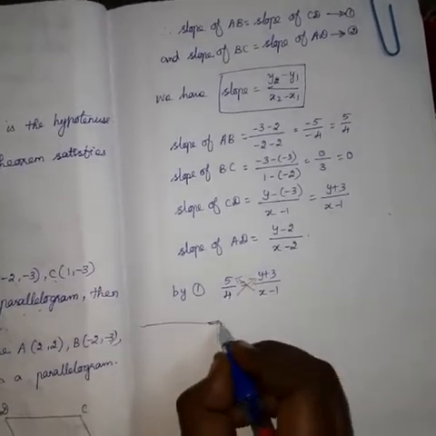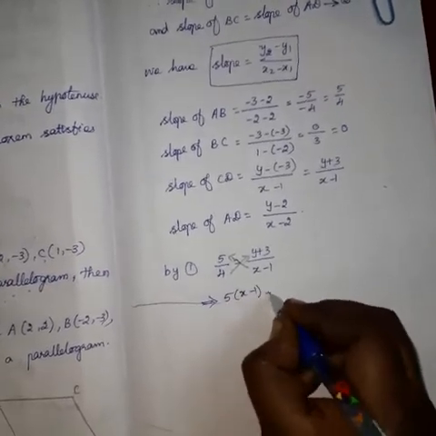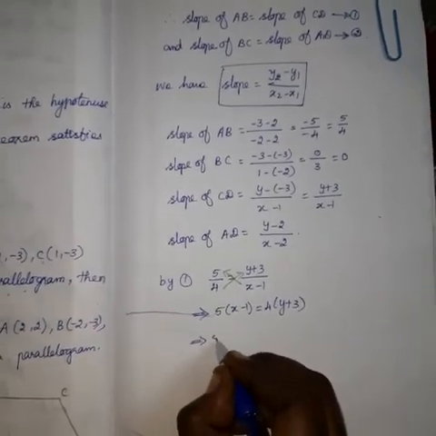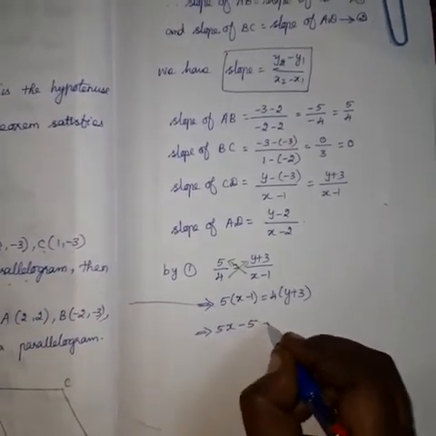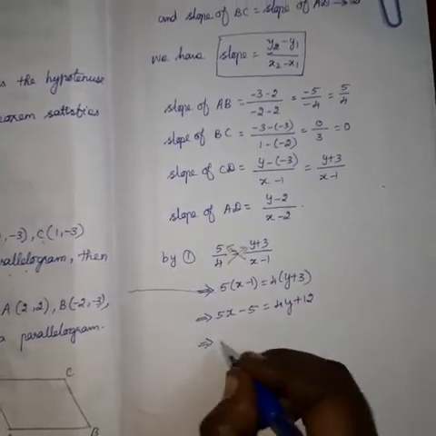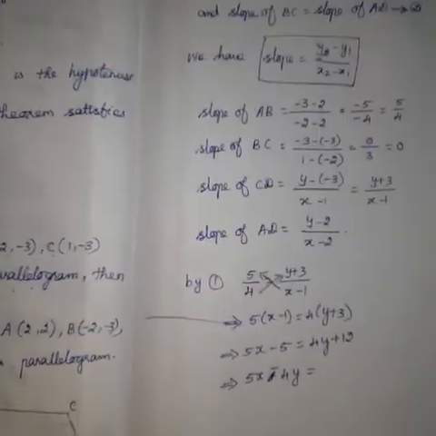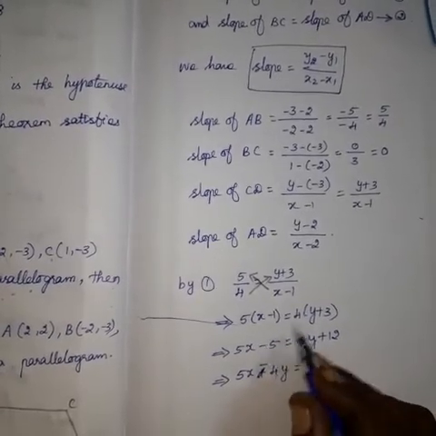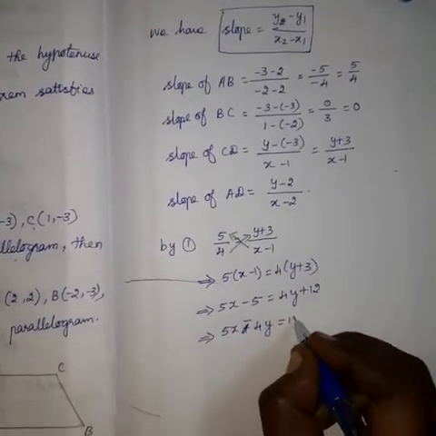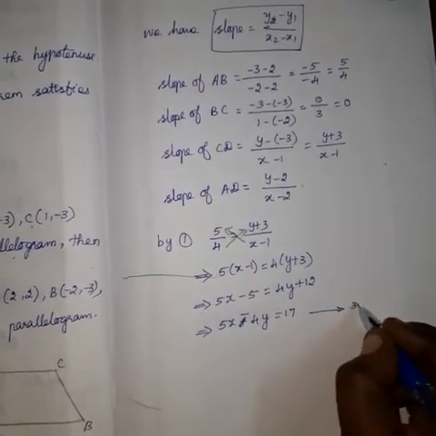So you get 5 into x minus 1 is equal to 4 into y plus 3, which implies 5x minus 5 is equal to 4y plus 12. Taking this minus 5 across with 12, you get 12 plus 5 equal to 17. So you got one equation. Consider this equation number 3.